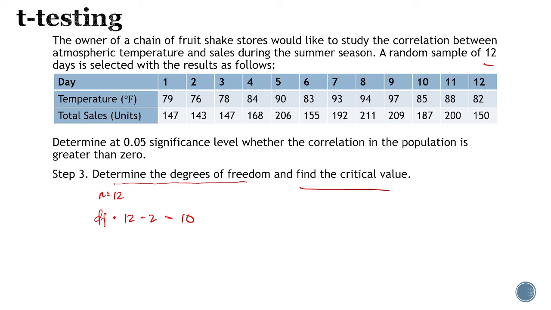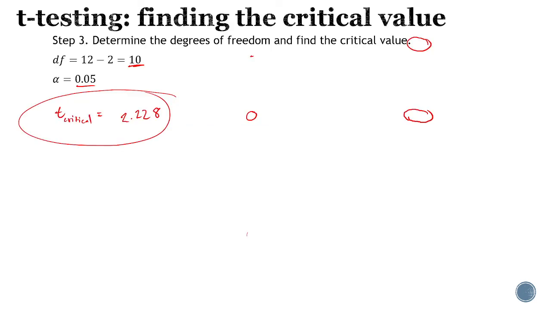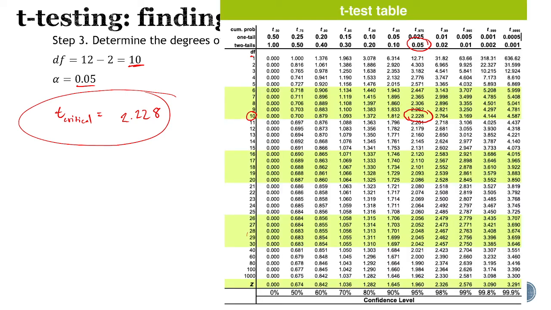And for the next part, you need to determine the degrees of freedom, wherein the degrees of freedom is just n minus 2, which is 10. Then for finding the critical value, we just accounted for the alpha and degrees of freedom, wherein using the t-test table, we get 10 at the DF and 0.05 on our confidence level.